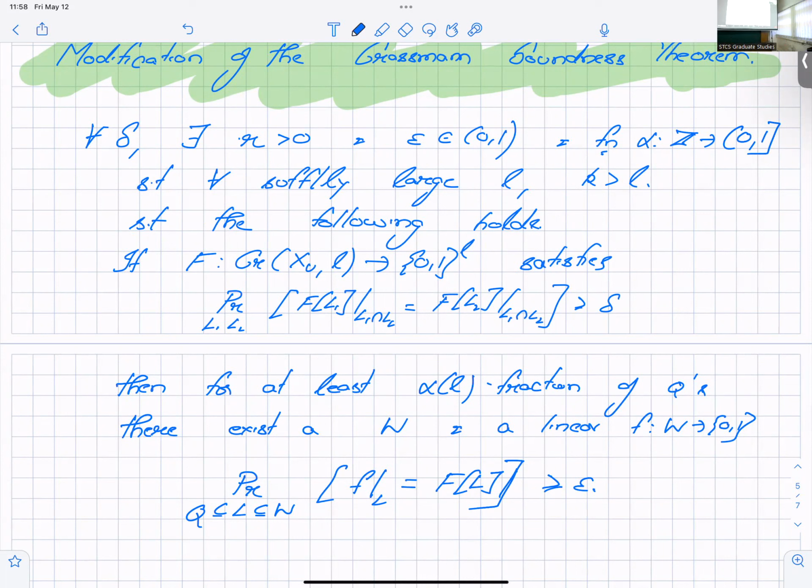Suppose the original test passed. Now they'll say a new test in which I also come up with a Q and send the Q across as part of the queries to the two provers. Previously, the provers were only given a UL and a VL. Now I give you a Q also to both of them.